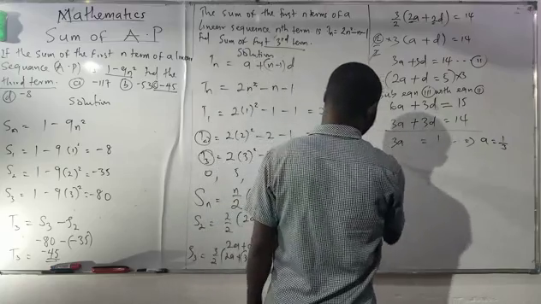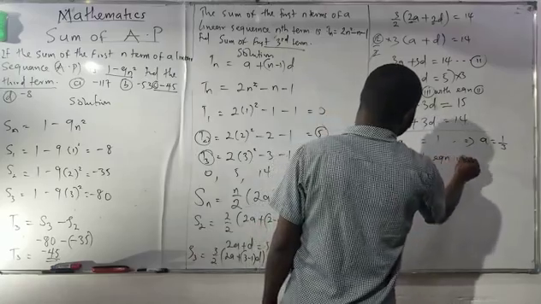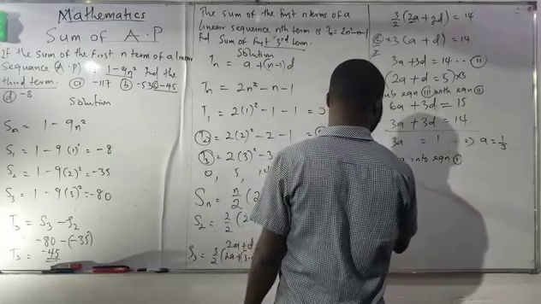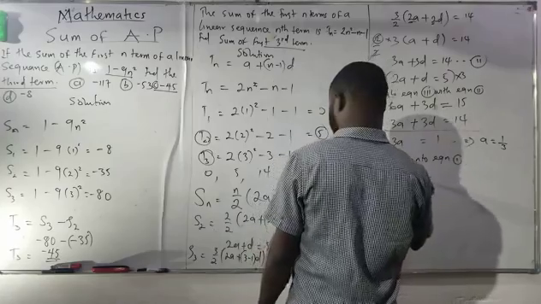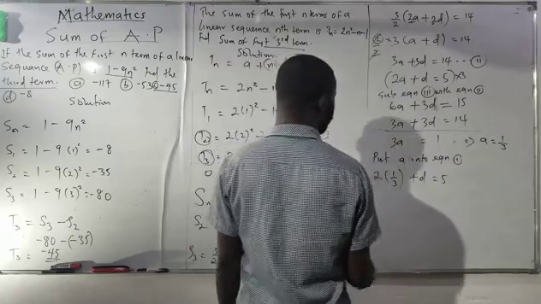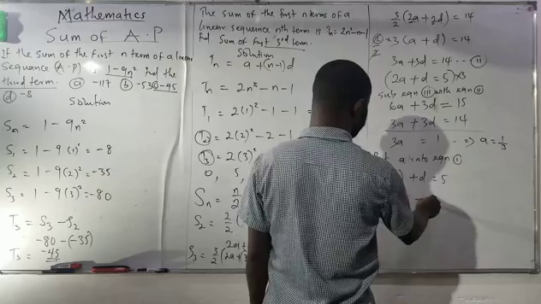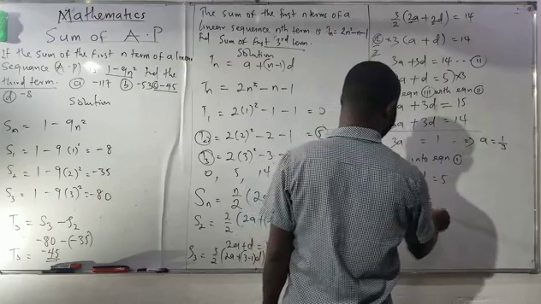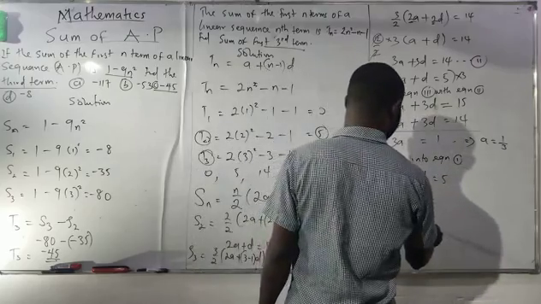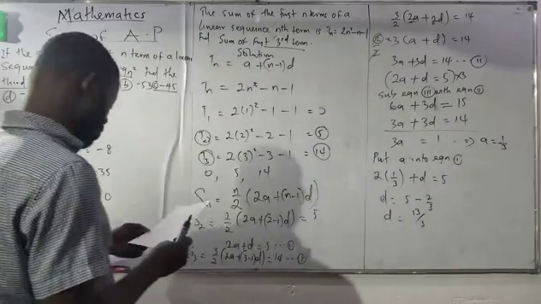Put a into equation 1. I have 2 bracket of 1 over 3 plus d equals 5. Now, d will be equal to 5 minus 2 over 3, which is 15 minus 2, that'll be 13 over 3.